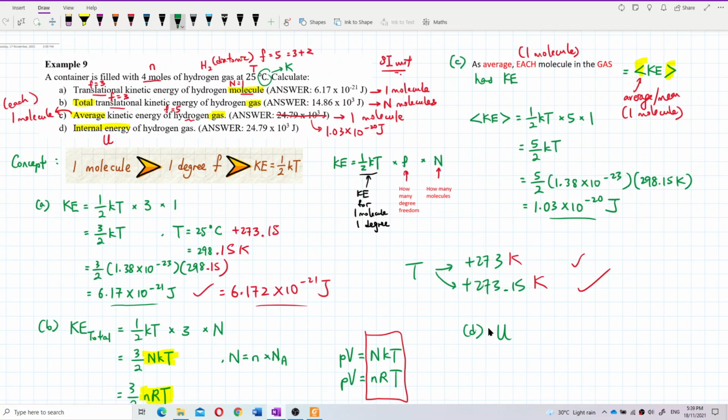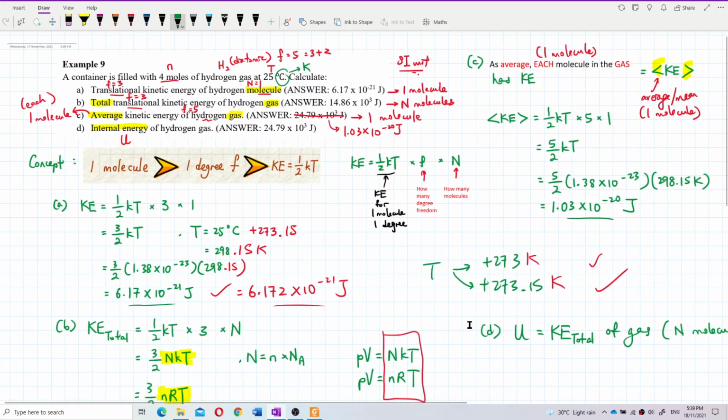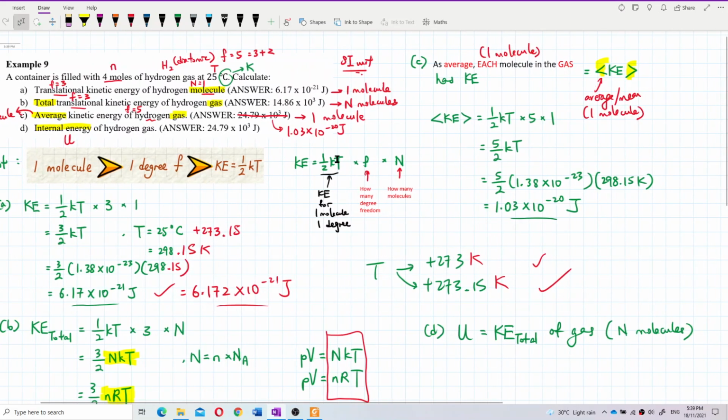Internal energy of gas is actually the total kinetic energy of gas, which means it has all N molecules. And he didn't say translational only, so rotational as well. So it has 5 degrees of freedom.